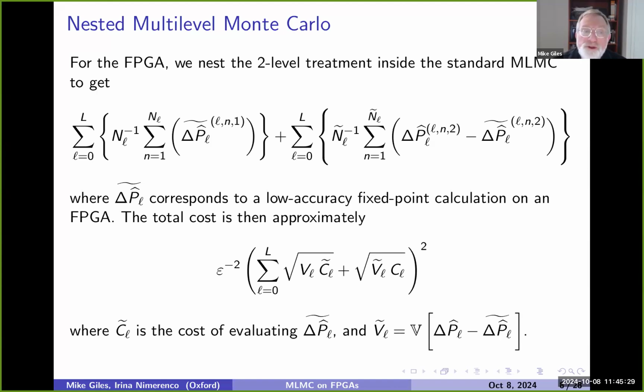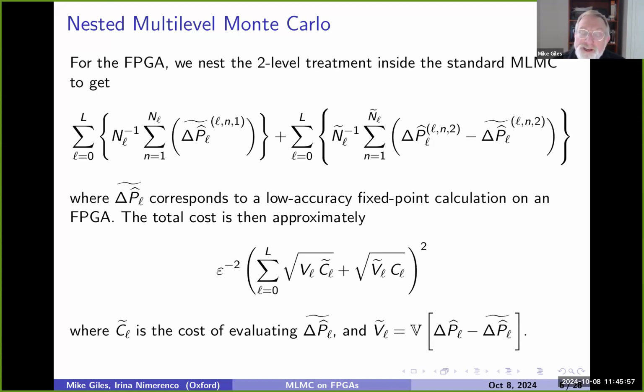And then again, you optimize the number of samples on each level and the number of samples on the FPGA alone versus the number of samples for the correction. And we end up with this expression for the total cost. Okay, so here, CL tilde, that's the cost of the cheap evaluation of delta PL. So that's the thing being done on the FPGA.